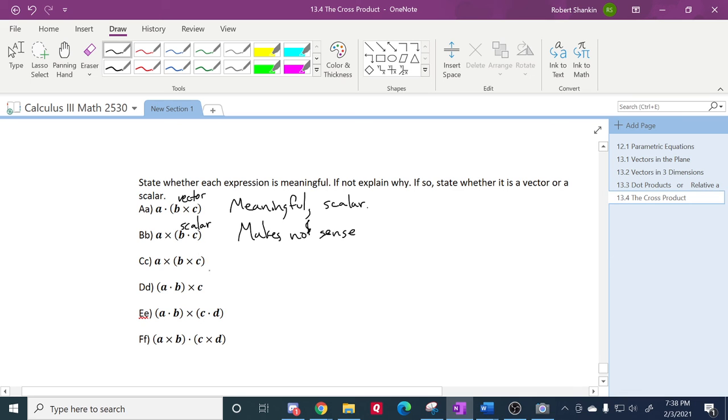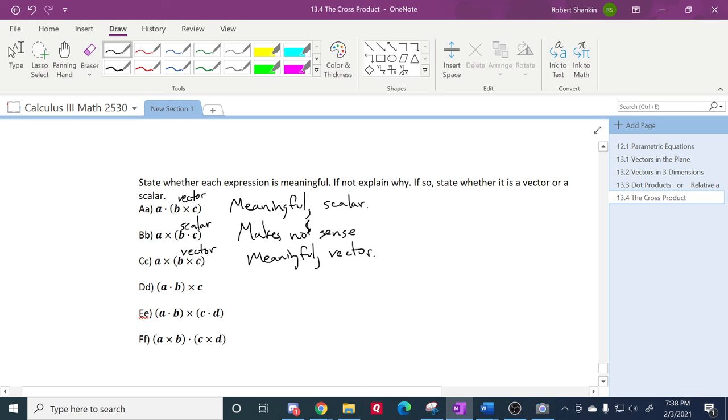Does this make sense? I said yes since the cross product of B and C becomes a vector, and so then if you do the cross product of A and that other vector, you'll still have a vector. Meaningful. And we get a vector.